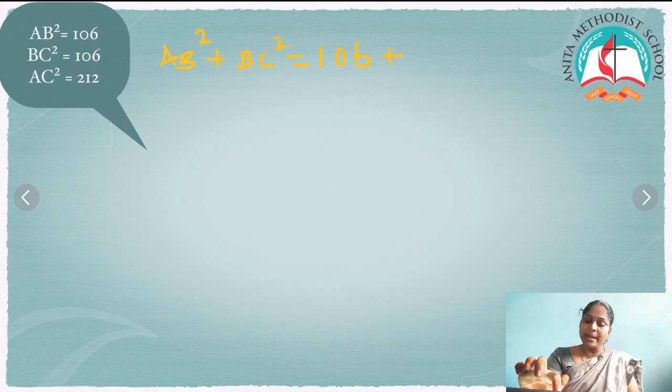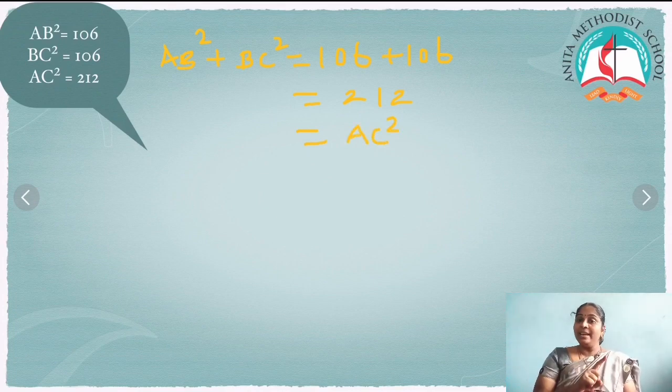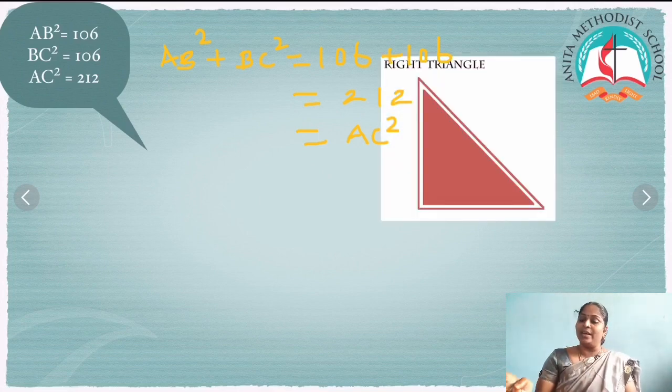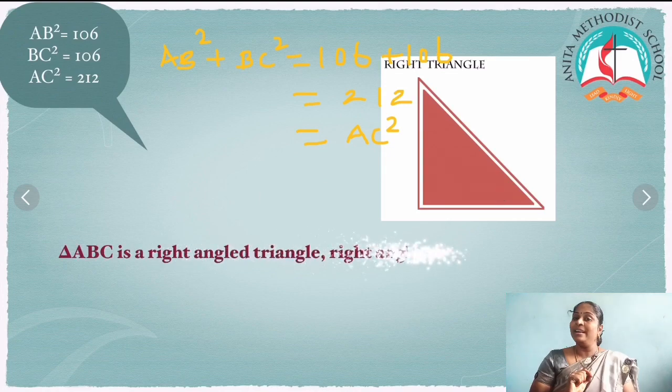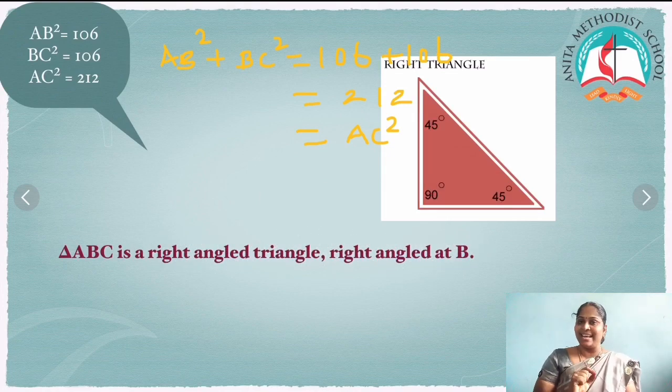What is BC square? 106. If I add these two, I get 212. What is 212? It is AC square. So AB square plus BC square is equal to AC square. Therefore, it forms a right angle triangle, right-angled at B.